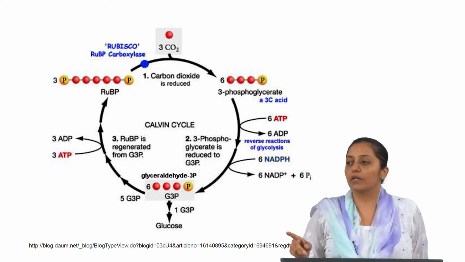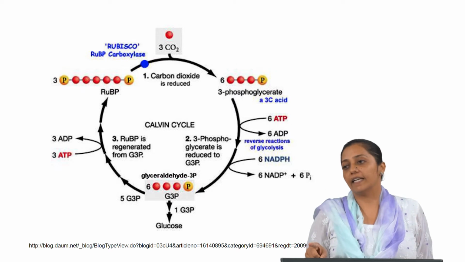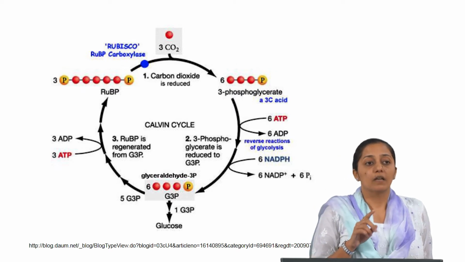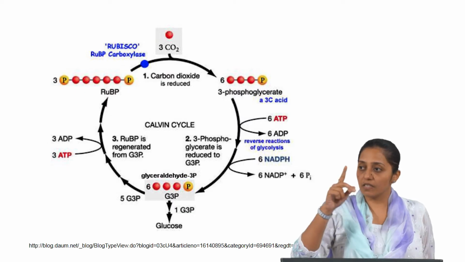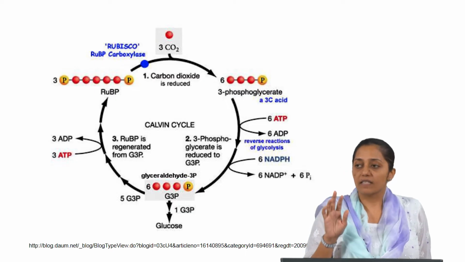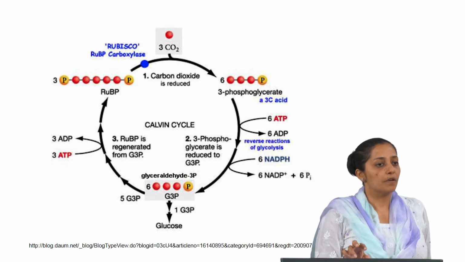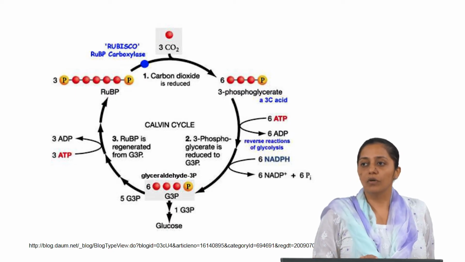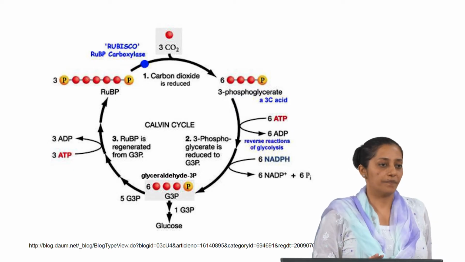Now, this phosphoglyceric acid is then reduced using ATP and NADPH, and if you remember your gluconeogenesis, which is the reverse of glycolysis, it is similar to those reactions. Such reactions take place to convert your phosphoglyceric acid to 6 molecules of 3-phosphoglycerate.